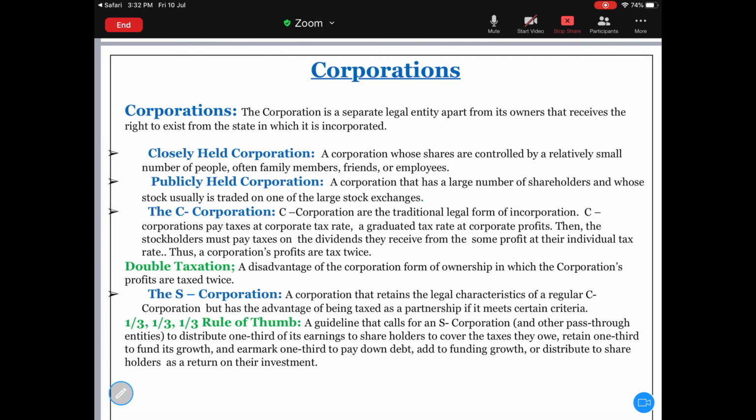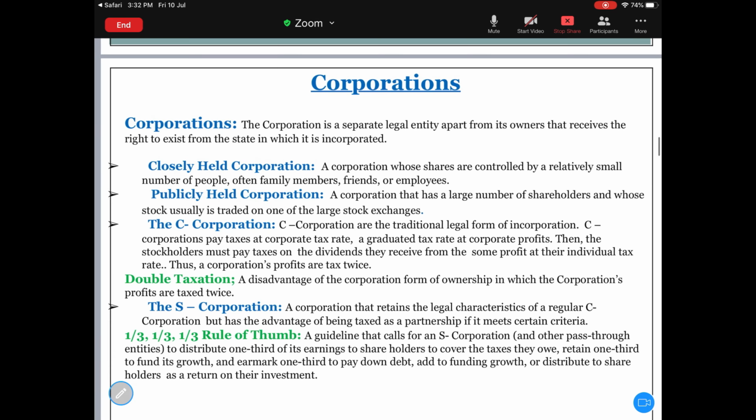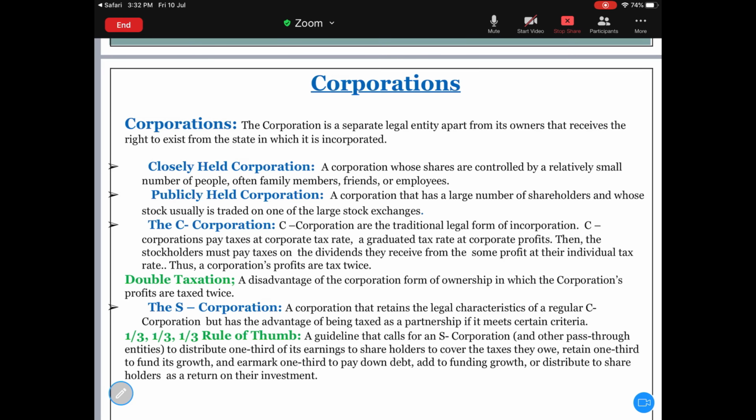This rule of one third, or 33% each, is actually a guideline, which means that each corporation should keep one third, or 33% of the total, for the shareholders in the shape of dividends, 33% to be given to the banks or the financial institutions who have given them any type of loan or funding.